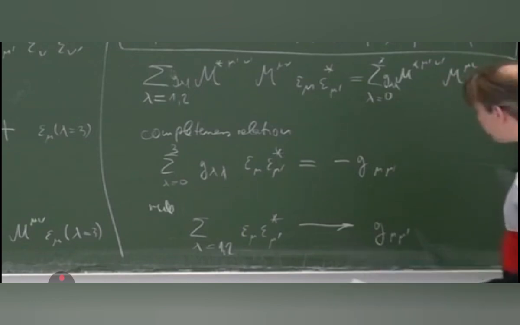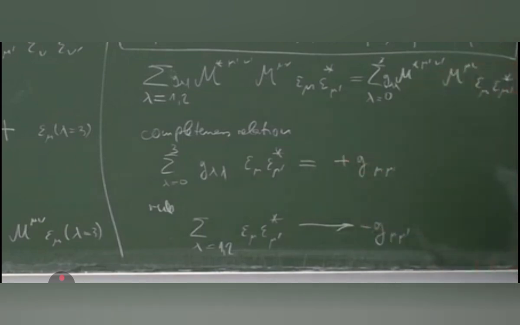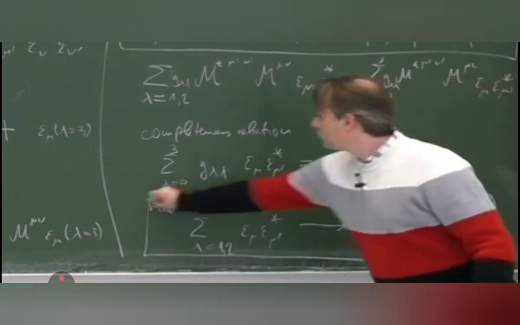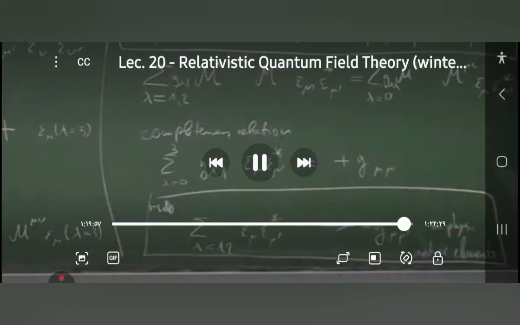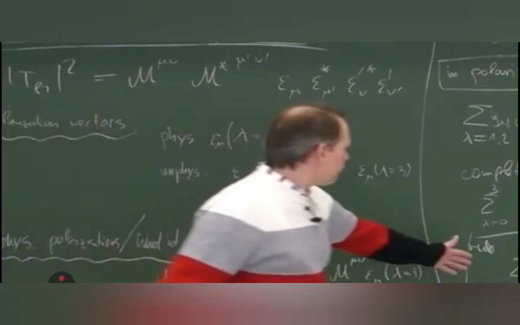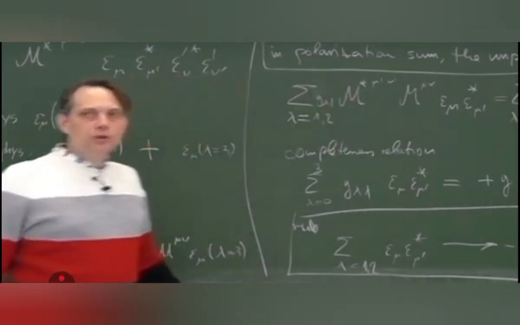Sorry, this is plus and that is minus. Sorry about the confusion of signs. So even though the last line is not an equality, it becomes an equality once you contract it with such a physical matrix element. This is the outcome of this discussion.